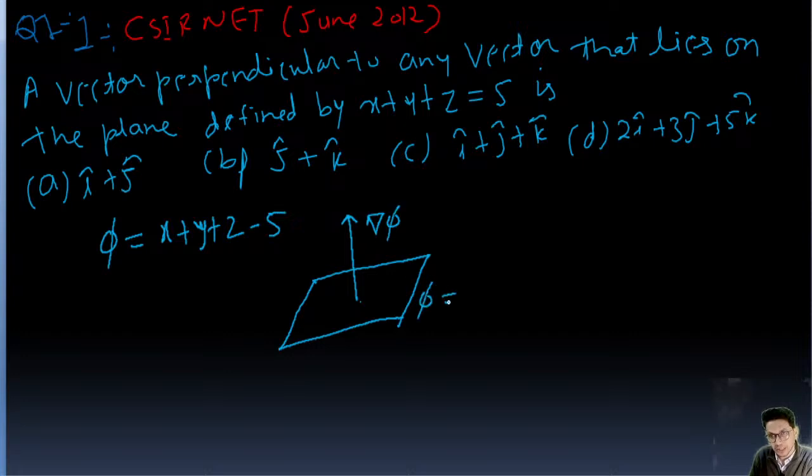Phi is given, that is x plus y plus z minus 5. It's an easy one. So now we are going to solve it.